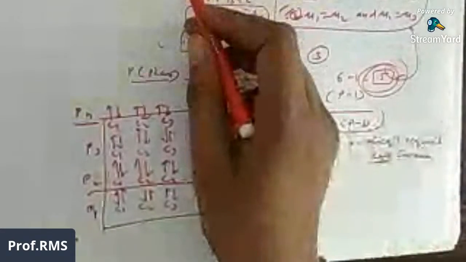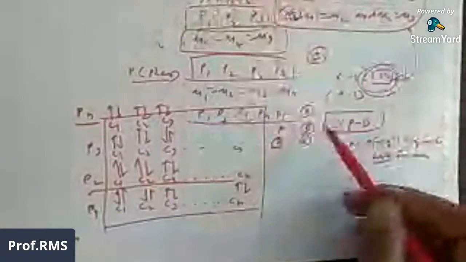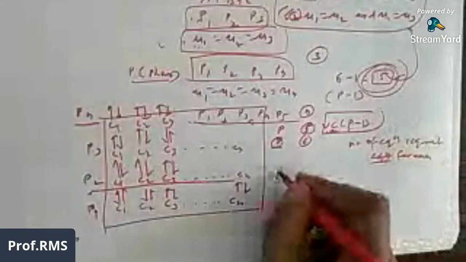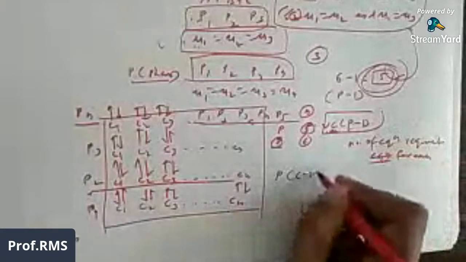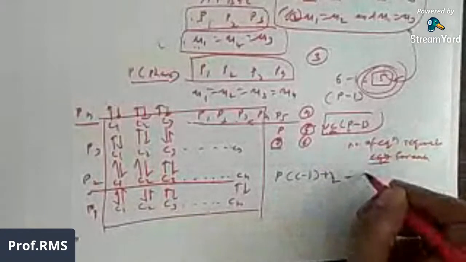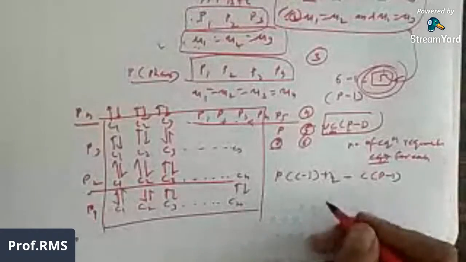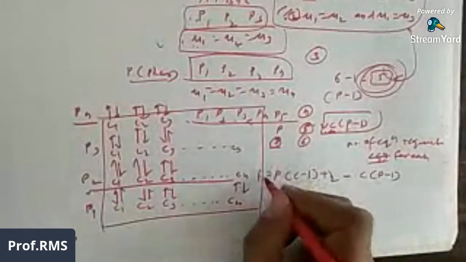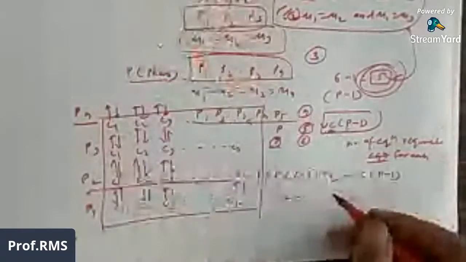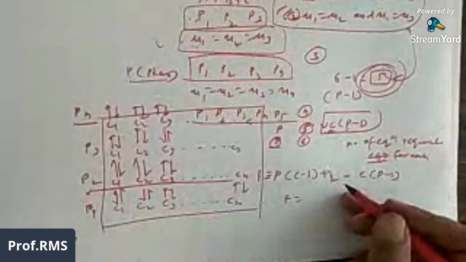So we get here the total number of variables, and we also get here c into p minus 1, the number of relations between them. Then we can write here p into c minus 1 plus 2 minus c into p minus 1. Now f is equal to, we know that the degree of freedom is the unknown variables that are required to be fixed.